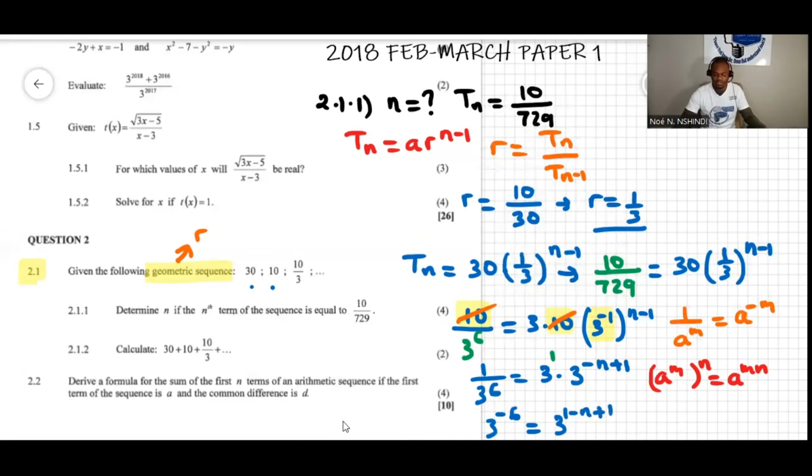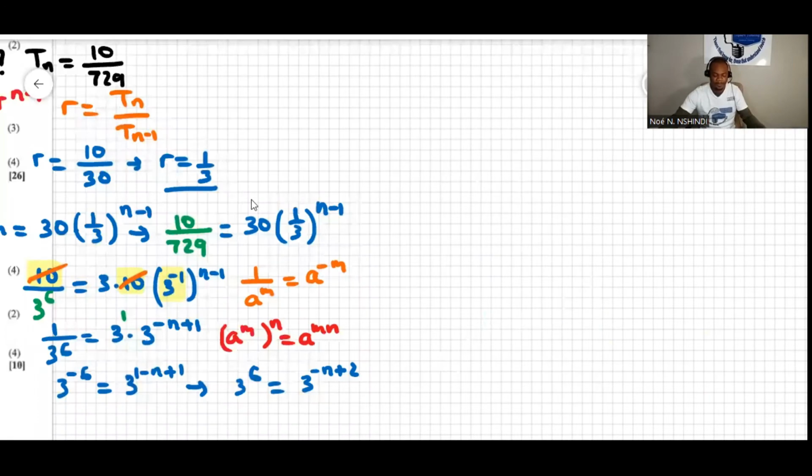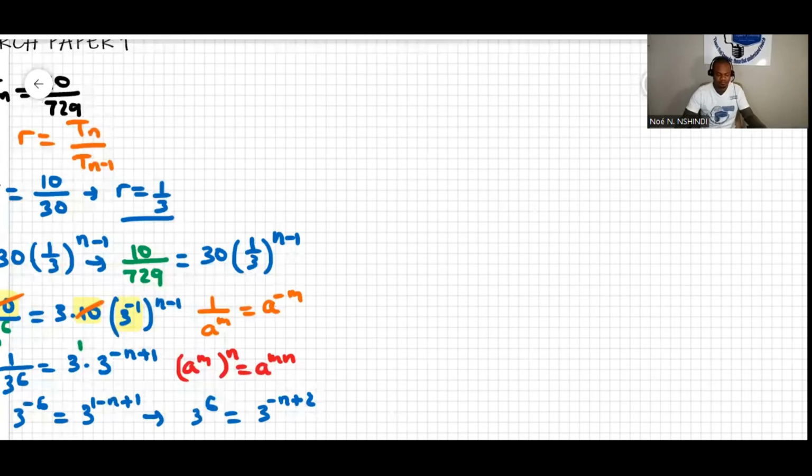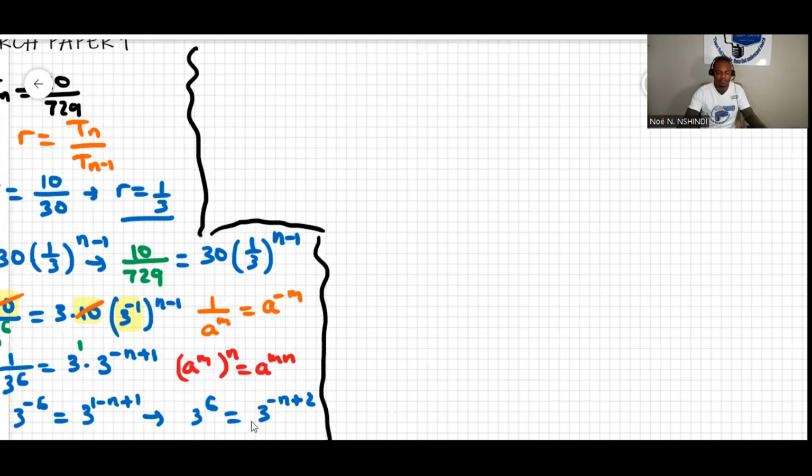And then this makes 3 to the power of negative 6 equal to 3 to the power of negative n plus 2. I prefer to move my board over here. 3 to the power of negative 6 equal to 3 to the negative n plus 2.